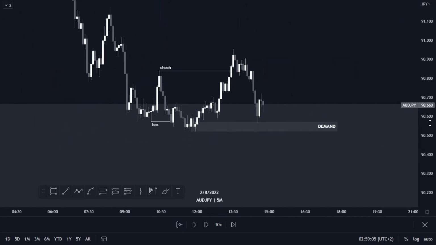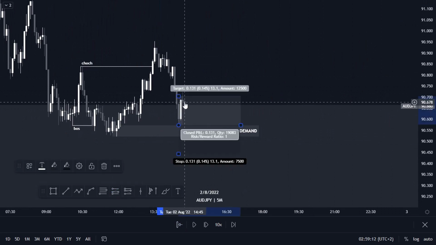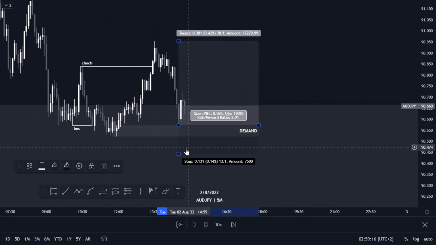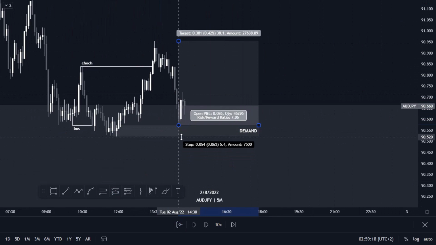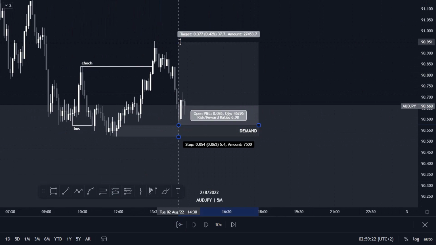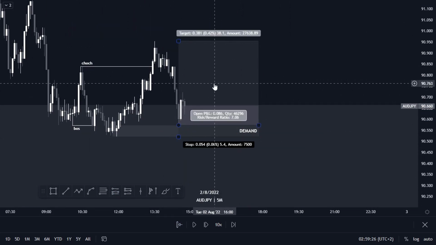So initially here AUD JPY taps into our demand area confirmation. Like I said, it's advisable that you take partials at your next high, and then you lock your trade and let the trade be.